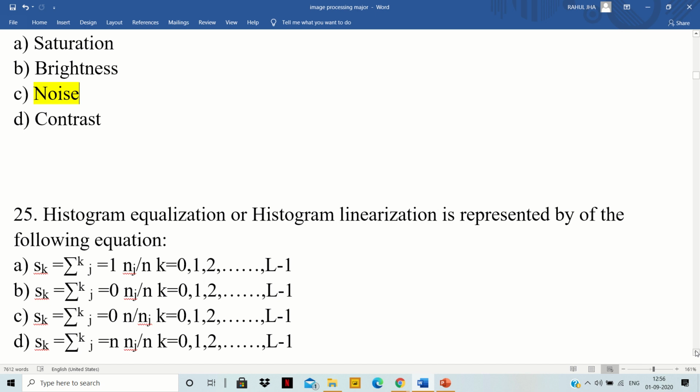So the general equation which we generally use for it, as we have so many equations you can see on the screen: Sk equal to sigma j equal to 0 to k, nj upon n, k equal to 0, 1, 2, up to L minus 1.